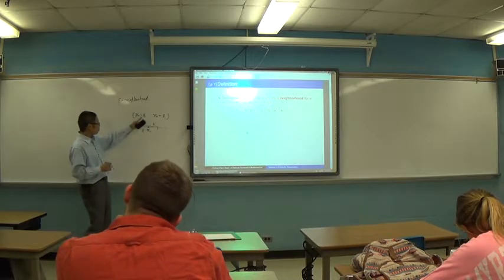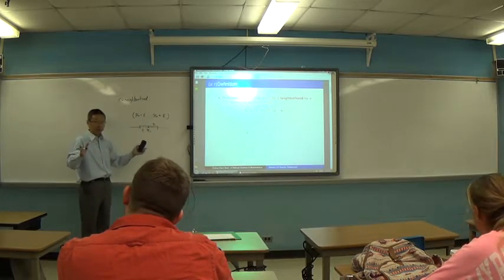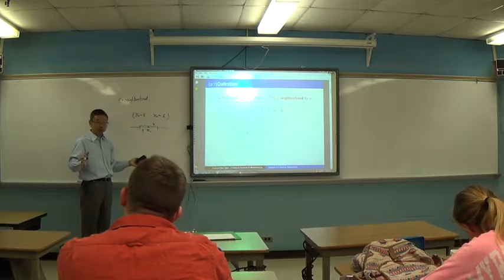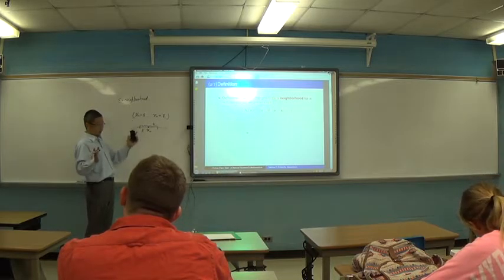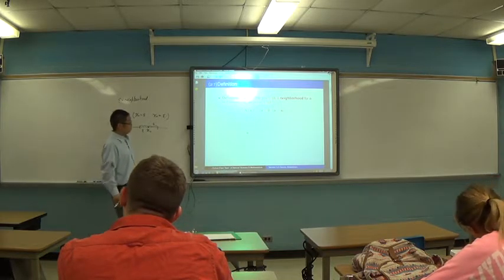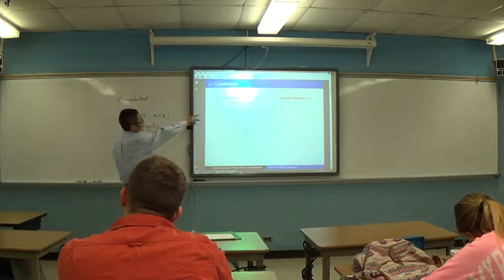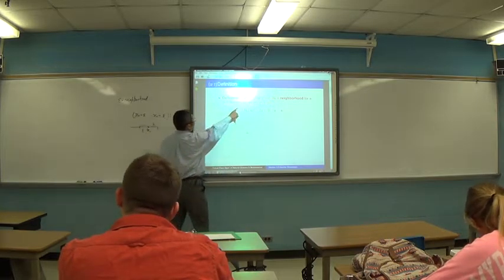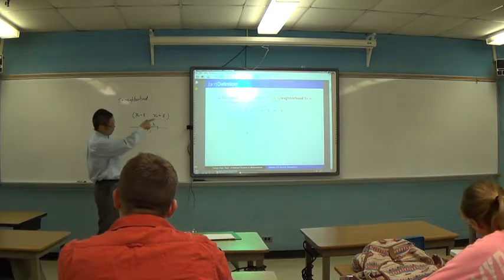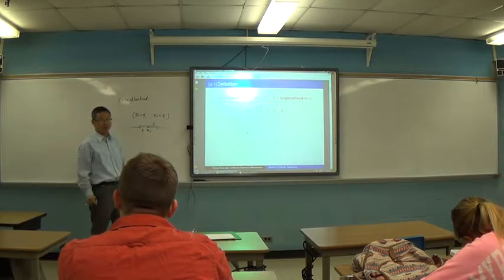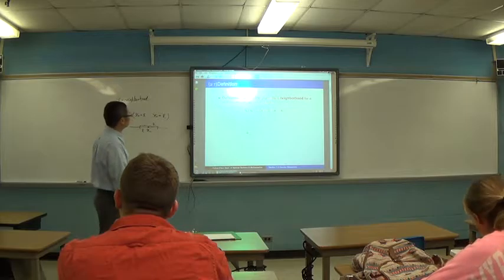Based on different epsilon, we have different neighborhoods, and the bigger the epsilon is, the bigger the open interval is. So a neighborhood of some real number x0 means an open interval centered at x0 with some radius epsilon.